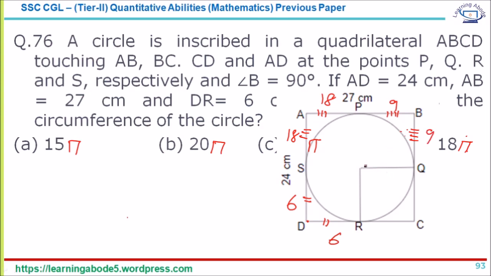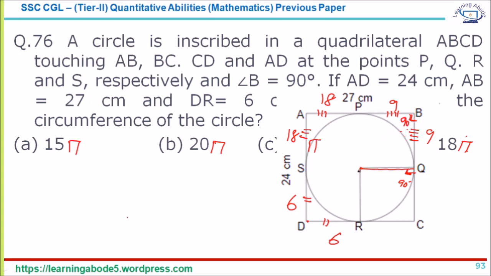And now what is this line? Now if you take this as the center, this line is perpendicular to the tangent drawn here. So it is perpendicular, so this is 90 degrees, and it's given in the question itself that angle B is 90 degrees, right?